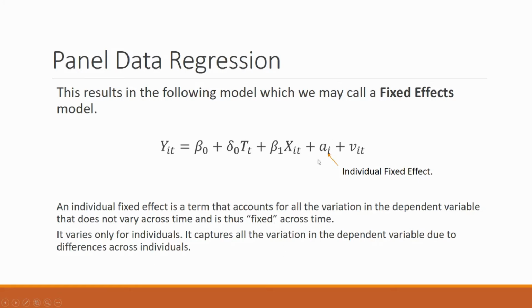It accounts for all the variation in the dependent variable that is due to differences across individuals that isn't captured in the regression model. So it's very significant to notice this individual fixed effect and differentiate it from the other error term.